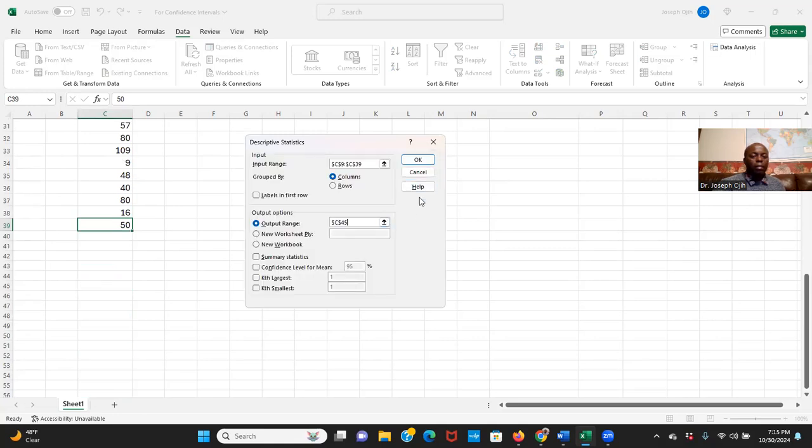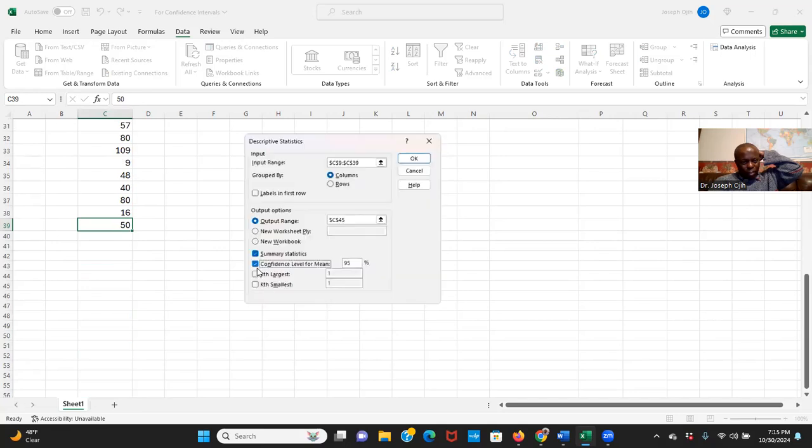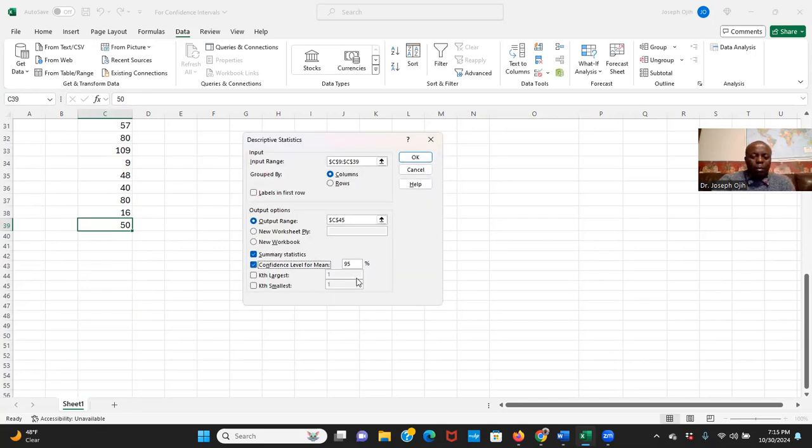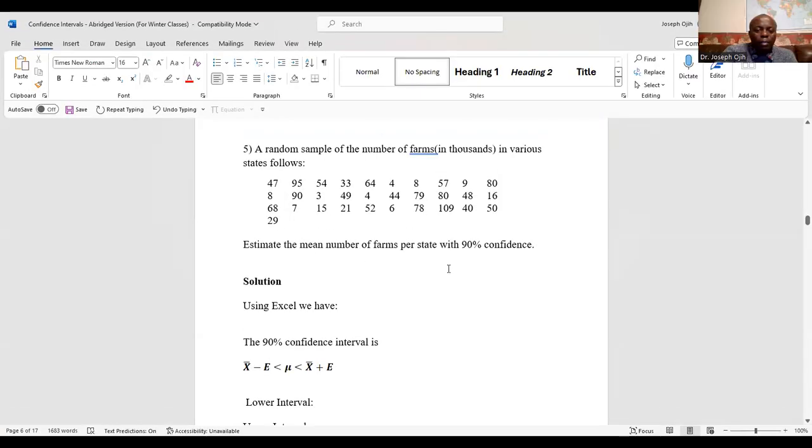Now, then you click on summary statistics. Then for confidence level, click on it, because this time around we're looking for the 90% confidence level. 90%, that's what I'm looking for now.